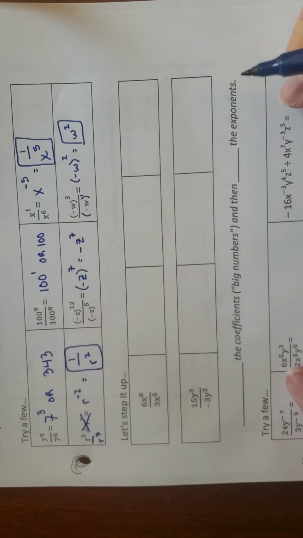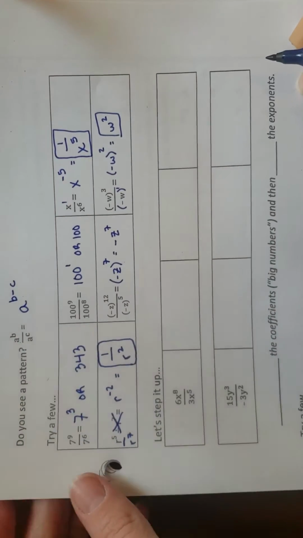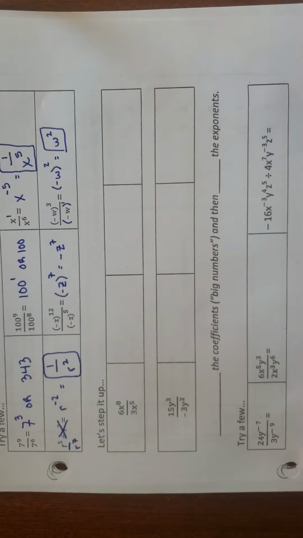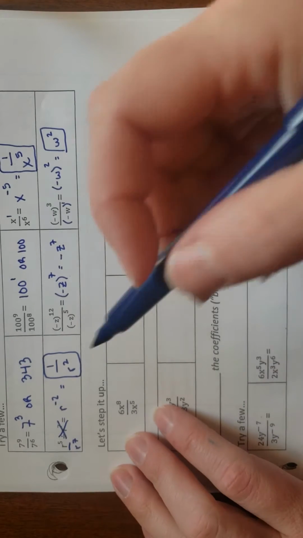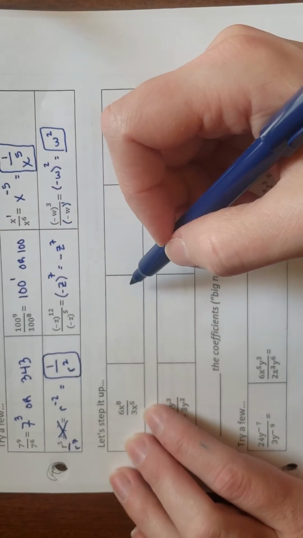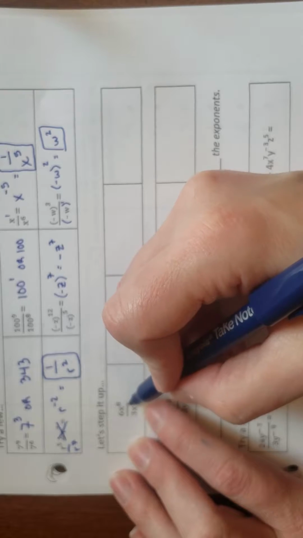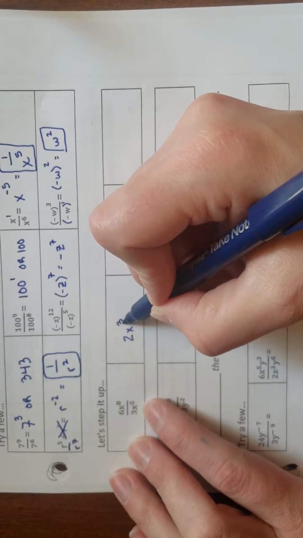All right. So we can make this even more difficult. And just like our previous page, I think you can probably predict what we are going to do to find our solution. Okay, we can do 6 divided by 3, which is 2. Now the x's, 8 minus 5 is 3.